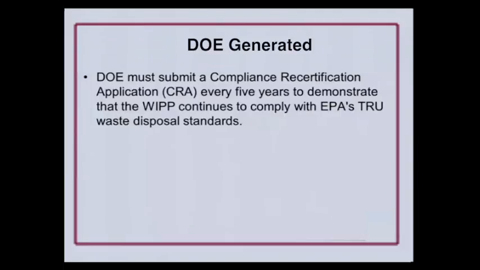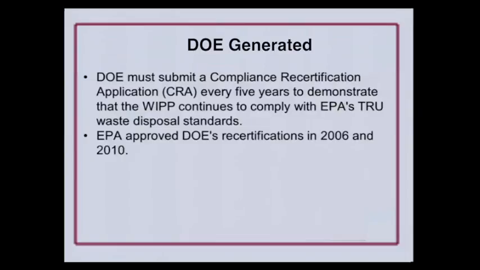Now, DOE owns and operates, basically is licensed to operate by the EPA. There's an initial certification that had to be done, that has been achieved, and it has to go through recertification every 5 years in both TRU waste certification and mixed TRU waste.